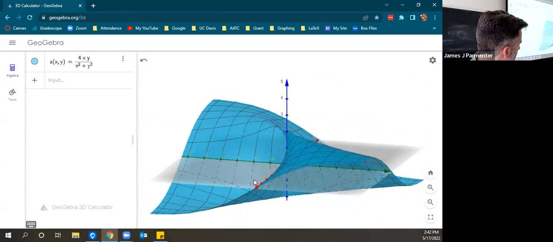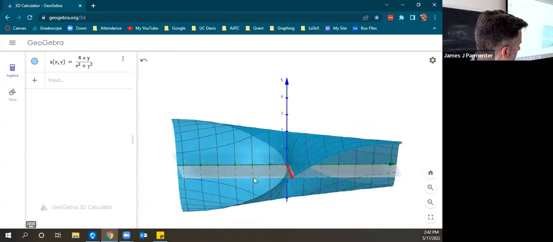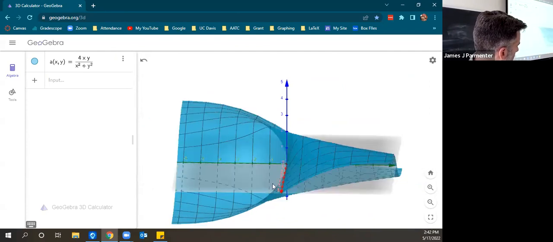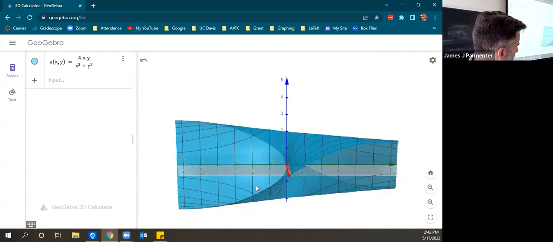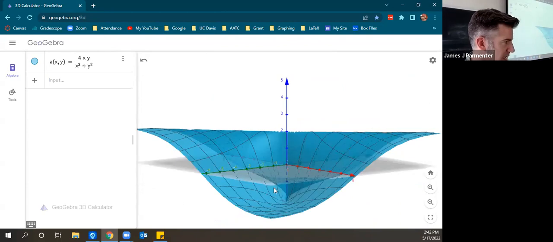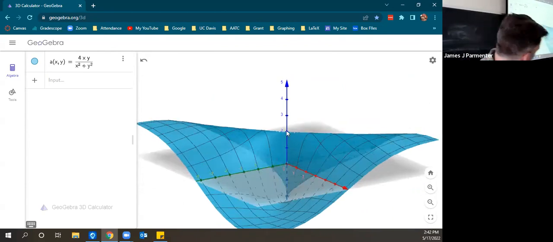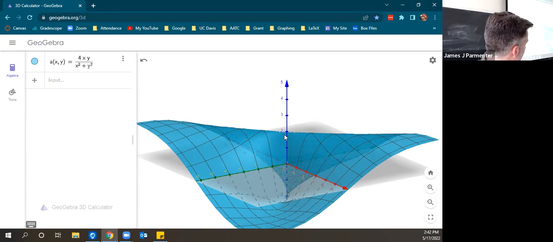It looks like you've got some pretty serious discontinuity at the origin there, right? Up here, it's super high, and down here, it's way down. It looks like there's no way the limit at the origin could exist. If you come at it from the y equals x direction, look, the limit's 2. In fact, it's a constant value of 2.